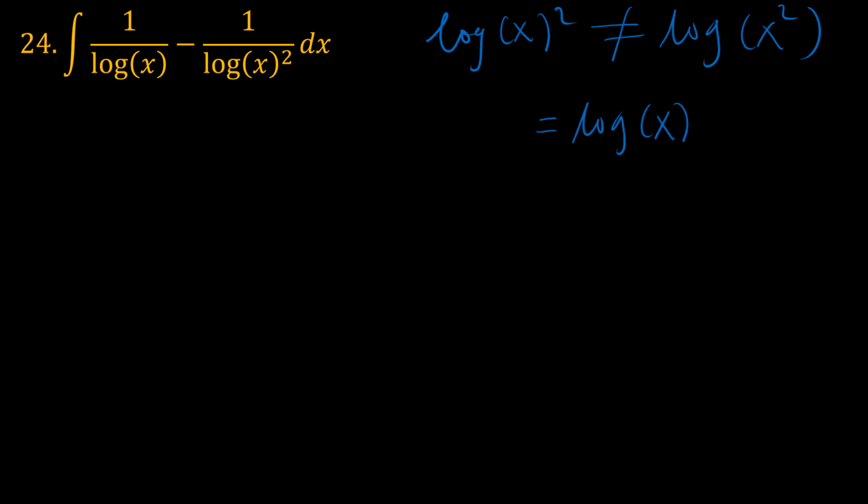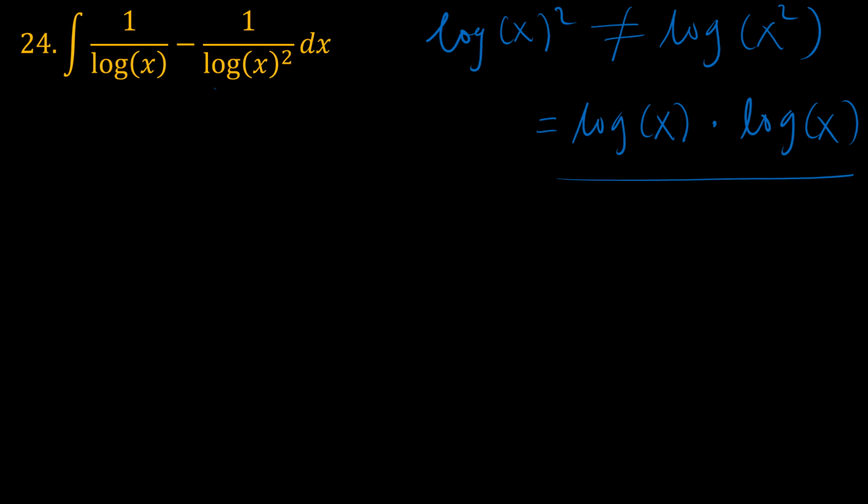One thing I would like to emphasize here is that natural logarithm of x squared is not equal to natural logarithm of x close bracket squared. Rather, this is the same as natural logarithm of x, natural logarithm of x. This is what this part here means.